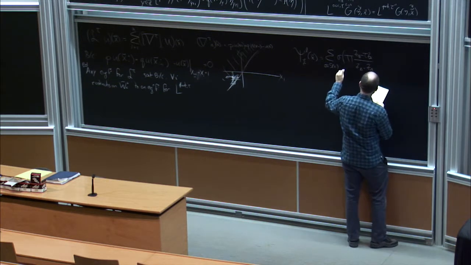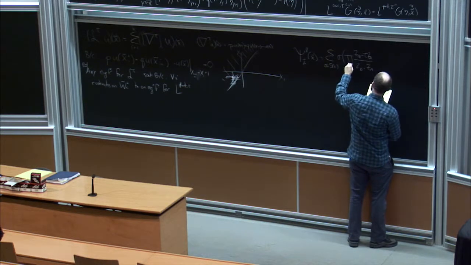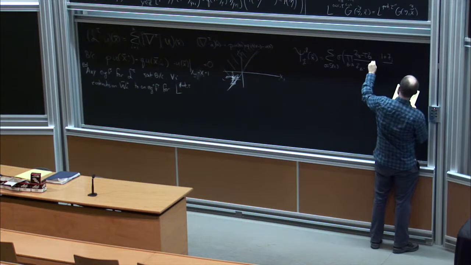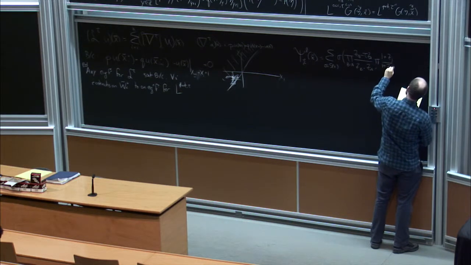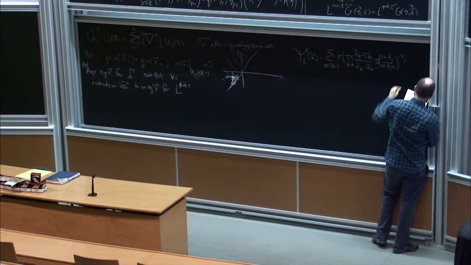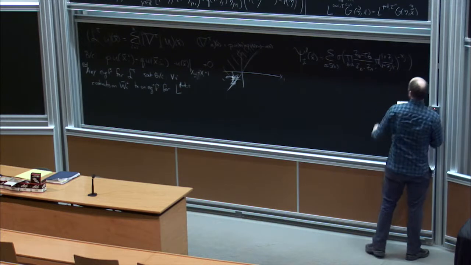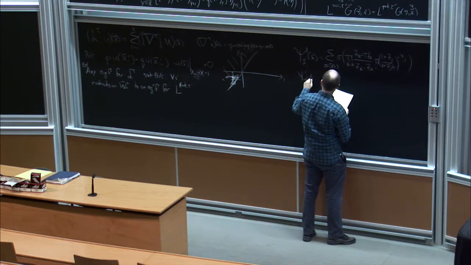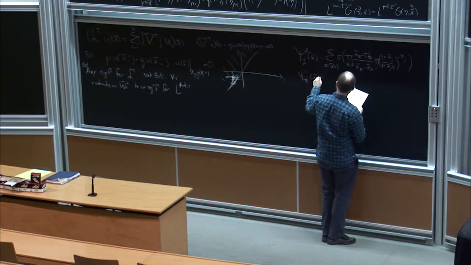I'll tell you in a moment. The reason I've written it under this change of variables is that I'm going to match it to the form that I wrote earlier. So there's these for the left, and then, okay, I'll write the right one as well. The same sort of thing.